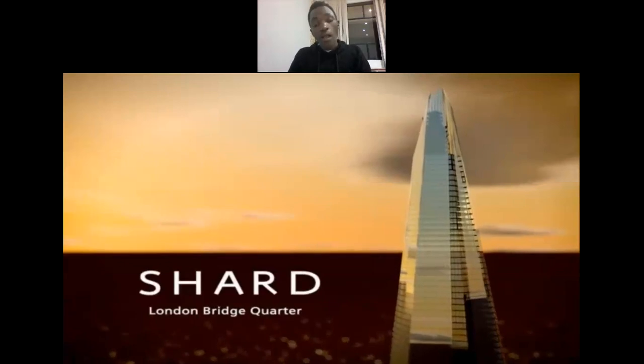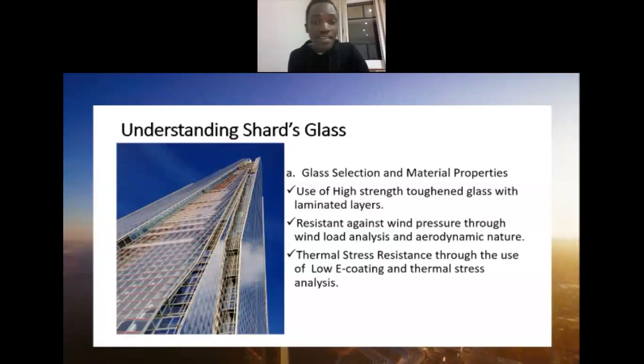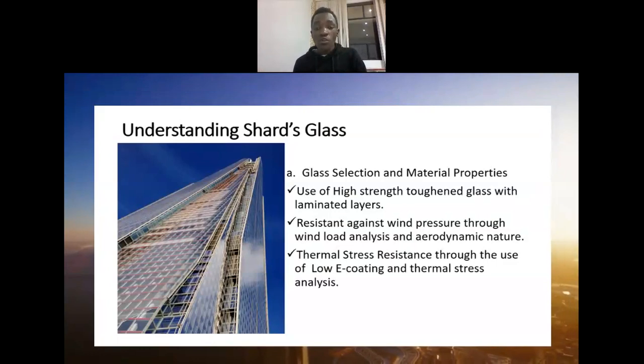Mr. Otieno, I'll be taking you through the Shard, located at the London Bridge Quarter. We shall start by understanding the Shard glass, which incorporates the glass selection and the material itself. We look at the use of high-strength glass and laminated layers of glass.